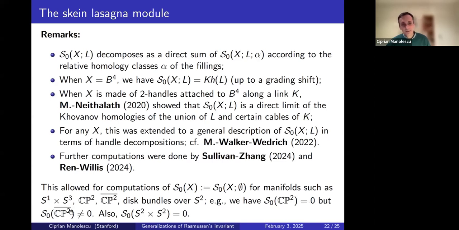For CP2 with the opposite orientation, you get something non-trivial. So you can compute it for some simple four manifolds. Oh yeah, for now, we can actually look. So this is interesting even when the link is empty. But the four manifold can be anything with boundary. Or it can be closed. Okay.